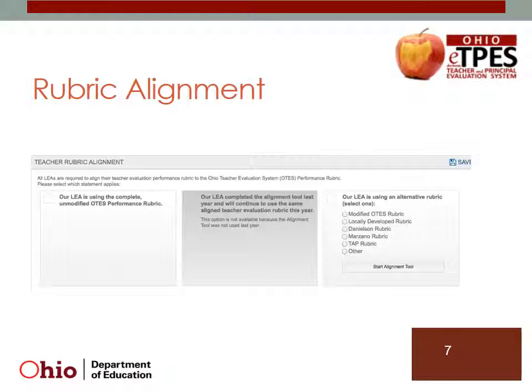If the district chooses to use a rubric aligned to OPES, there is no alignment tool, but the district will still need to upload a PDF of the aligned OPES rubric that they are choosing to use, if not using the state OPES rubric. As the user works through these steps, the steps in the alignment tool may be changed until the user enters the final PIN for the district school setup.